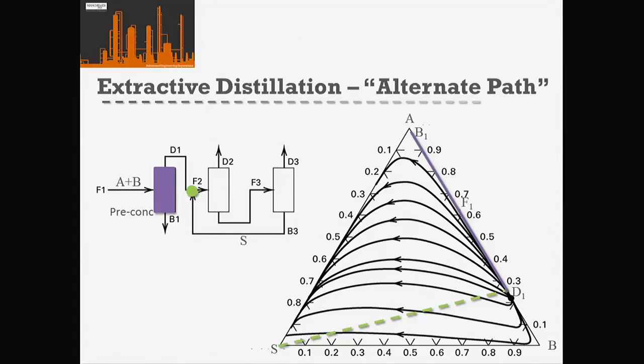So if I was to say, okay, our product from our second distillation column, we're going to get some pure A, okay? What we would need to draw is a straight line from pure A, okay, that passes through our dashed green line, because we know somewhere on that dashed green line is our feed into that column, okay?